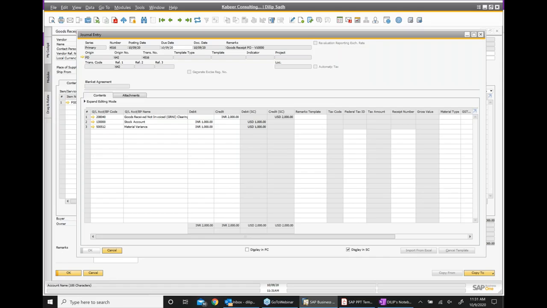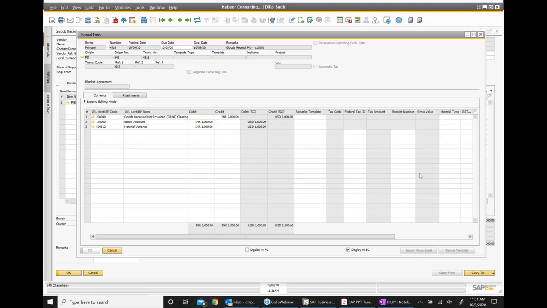Anybody notice the difference? So one difference is material variance. So that is a correct answer. So Gagan, that is correct. There is a material variance.